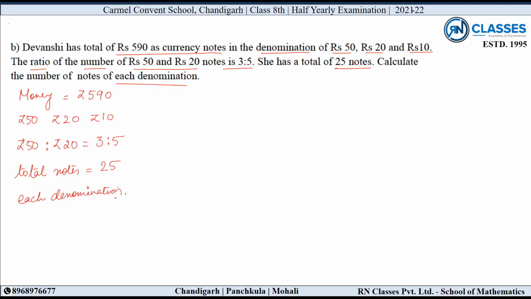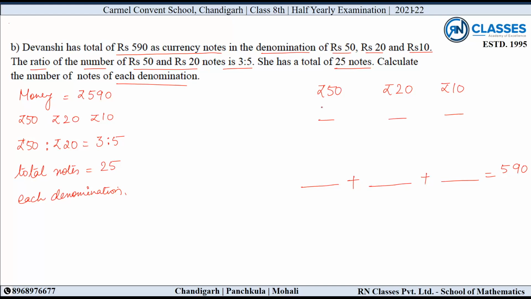So if we have 50 rupee notes, 20 rupee notes and 10 rupee notes, we have to find the denomination. If we get the denomination, we'll get the money. Money from 50 rupee notes, money from 20 rupee notes, money from 10 rupee notes. If we add all this money, that money constitutes 590.